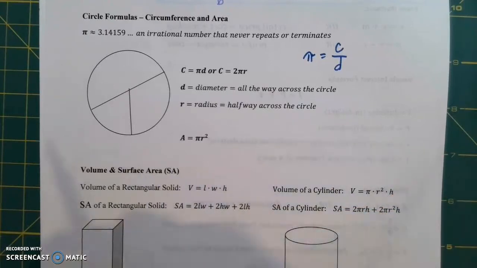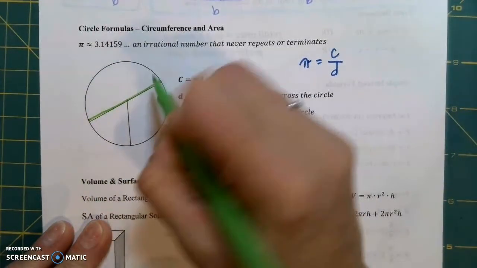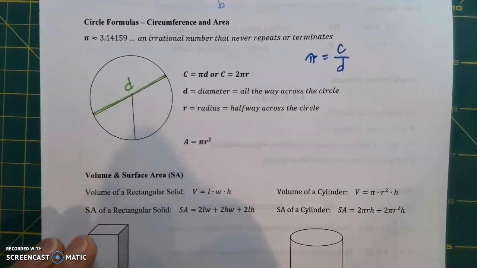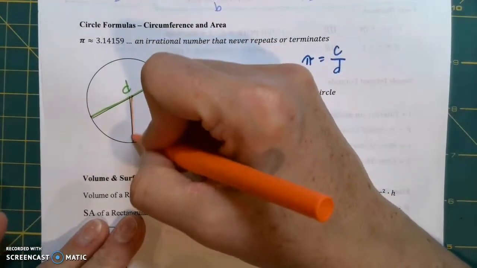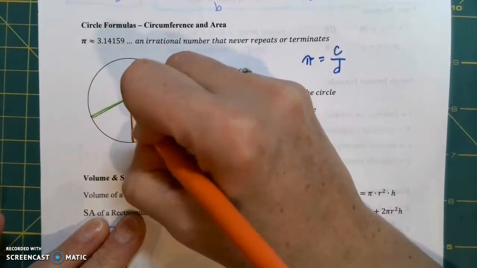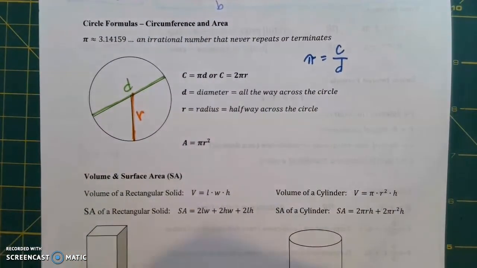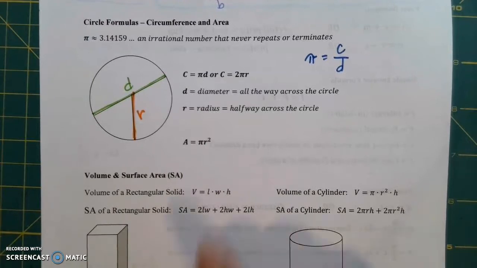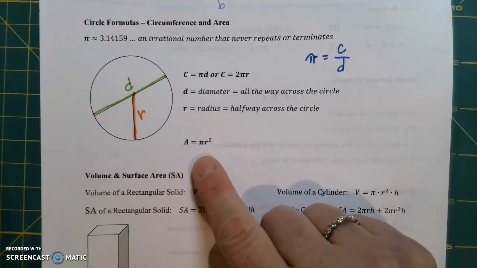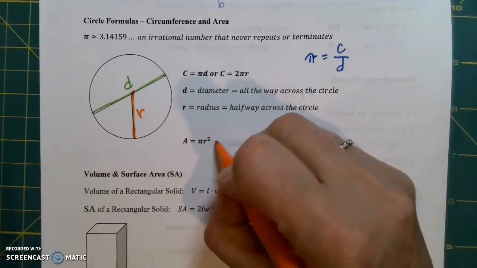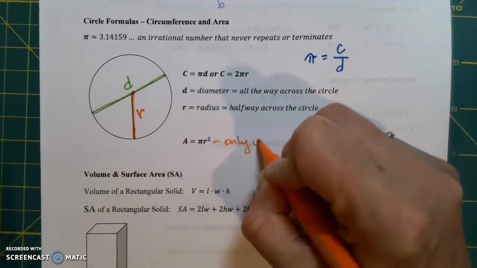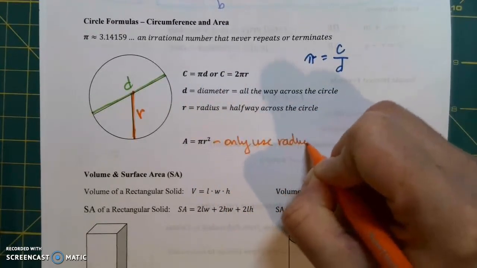Now the diameter is all the way across, and you can use that in the circumference formula, but the radius is only halfway across. And you can use that either in the other form of the circumference formula or in the area formula. Notice that the area formula, you can only use the radius.